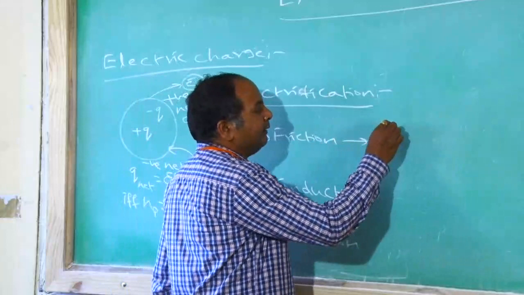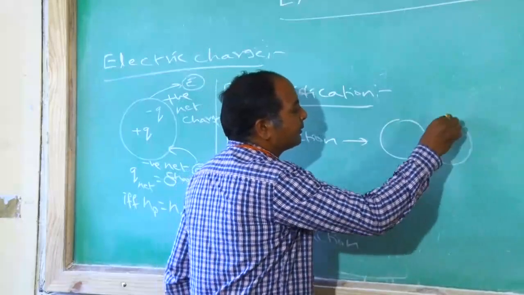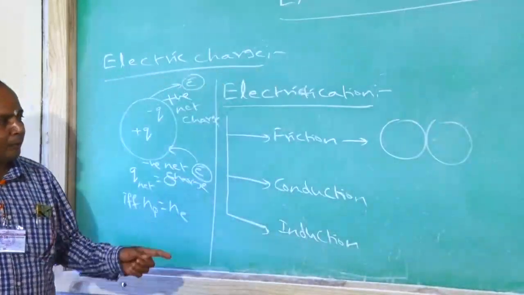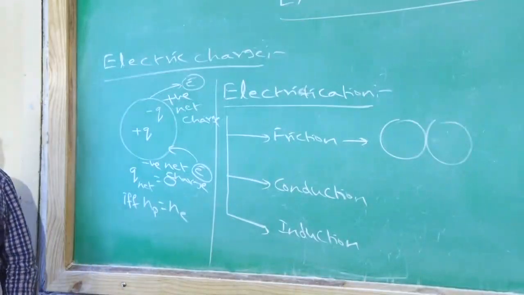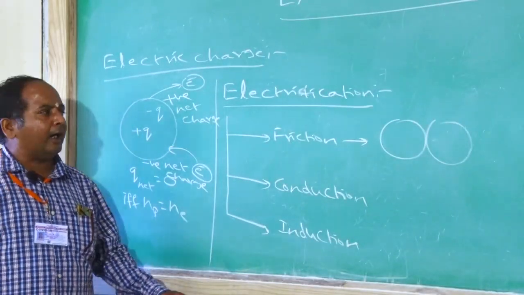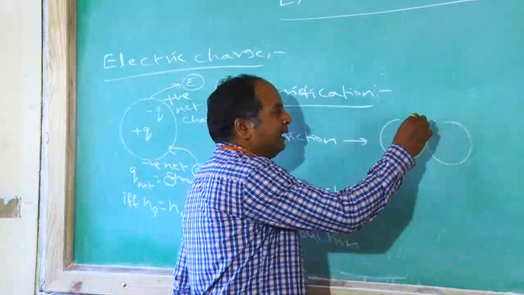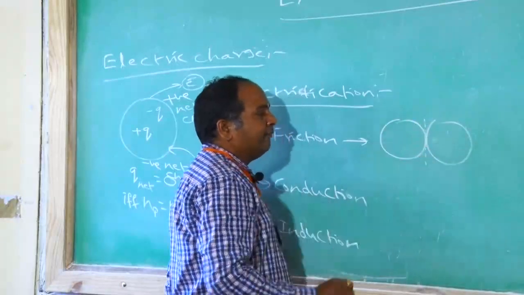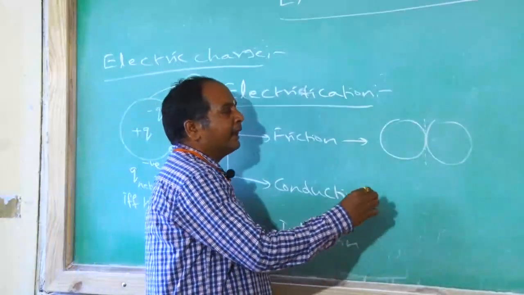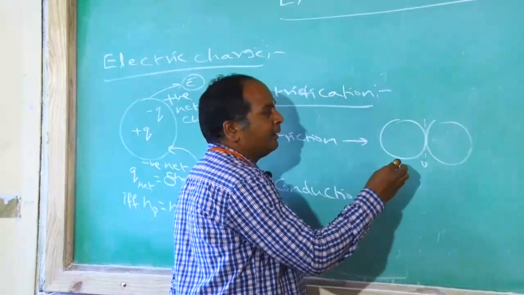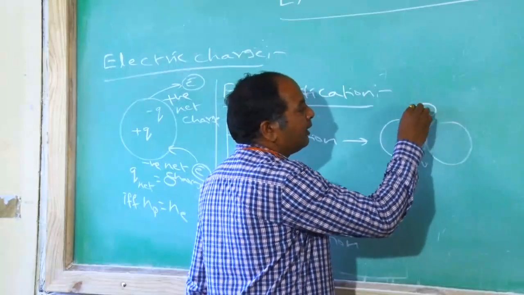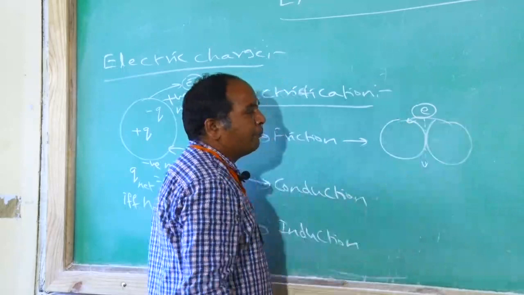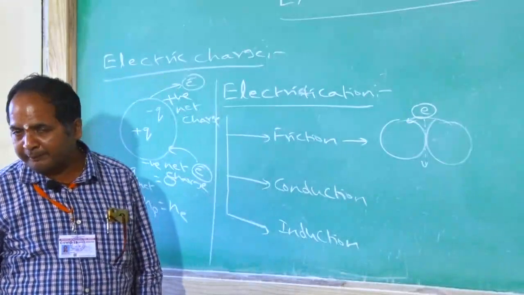Friction means any two bodies which are initially electrically neutral are rubbed. That means those are in contact with a surface and continuously rubbed, then the electrons move from one body into another body.